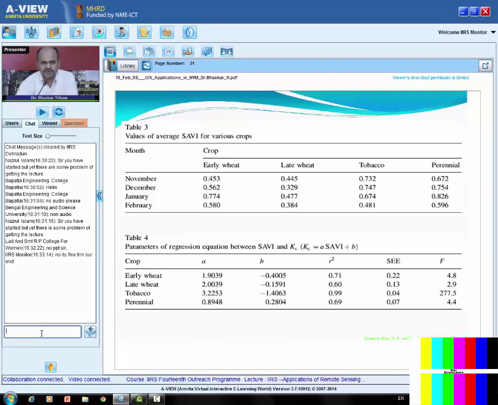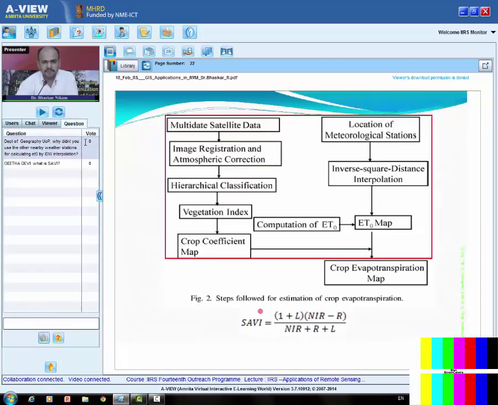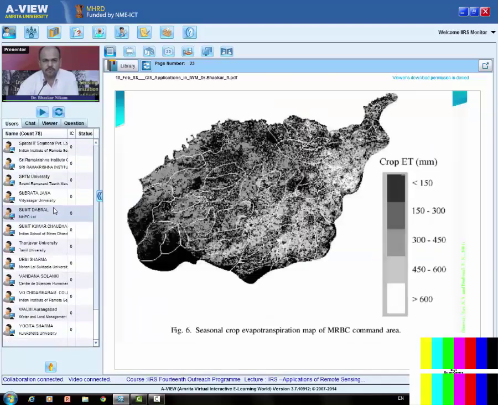We already have the spatially distributed evapotranspiration value. So now we just have to convert the vegetation index map into a Kc map using these relations and multiply this Kc map with the potential evapotranspiration map, so that we can get the crop evapotranspiration or crop water requirement, and this way we can get the seasonal crop water requirement.